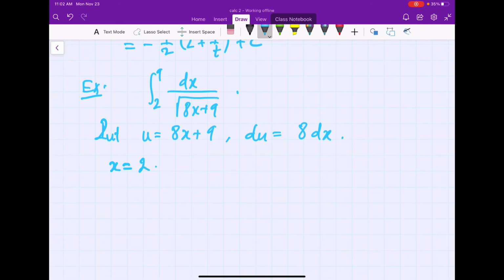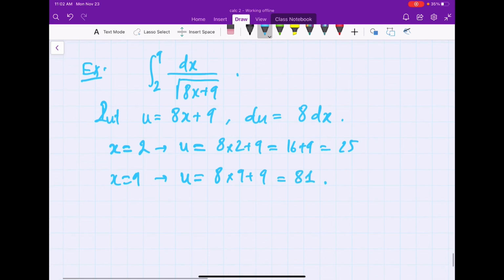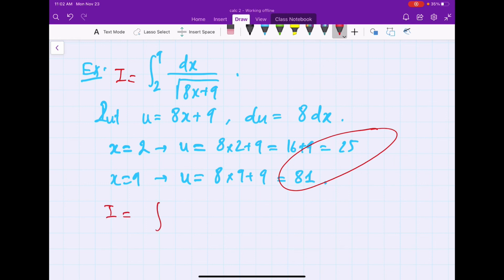When x equal to 2, u equal to 8 times 2 plus 9, which is 16 plus 9, is 25. When x equal to 9, you have 8 times 9 plus 9, which is 81. Now you rewrite your integral using these new integration limits, from 25 to 81.